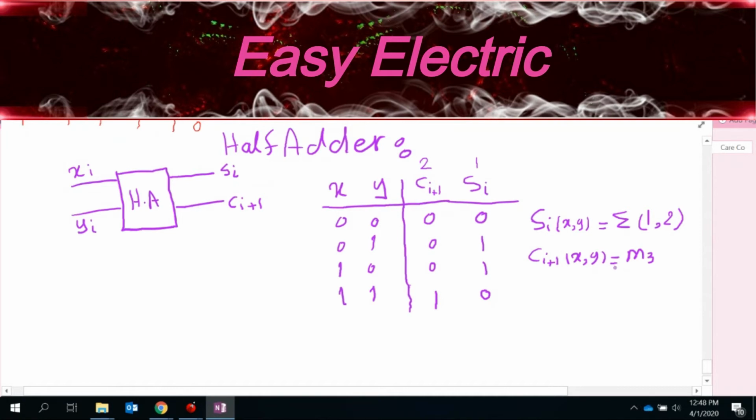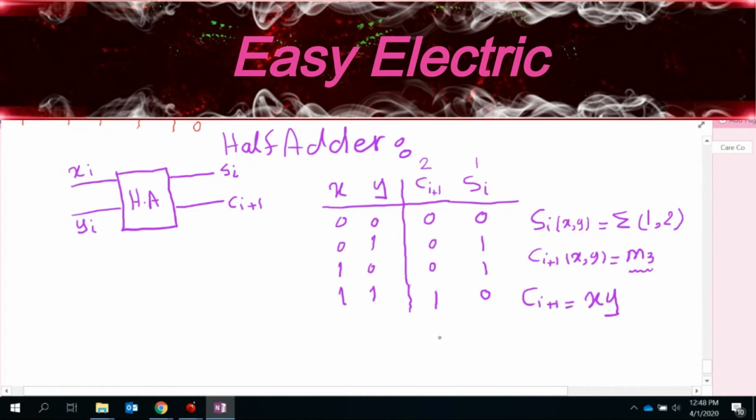I could do that, but it's not necessary. There is no need for the K-map because you just have one minterm. So what's the corresponding term for M3? You already know M3 is XY. That's it.